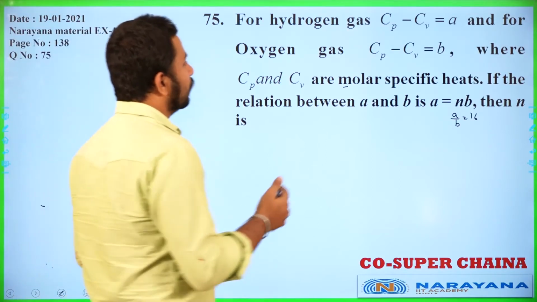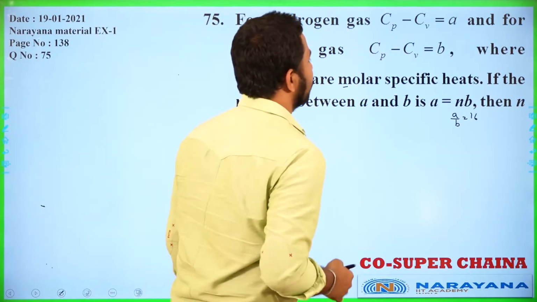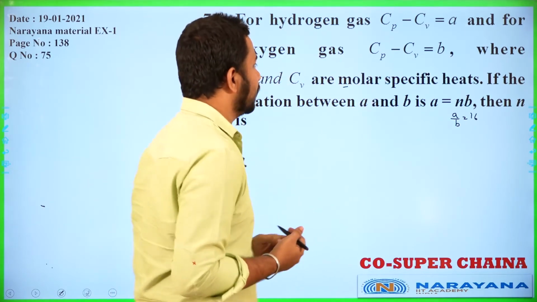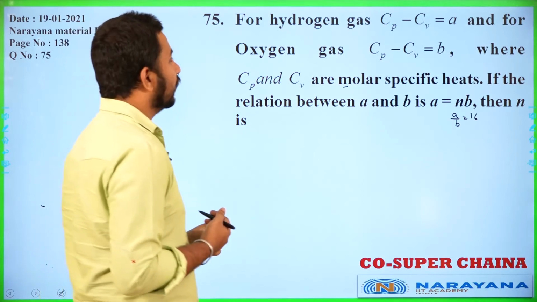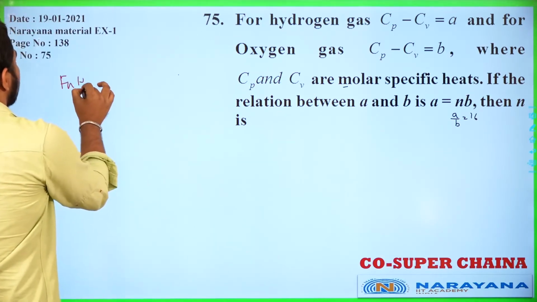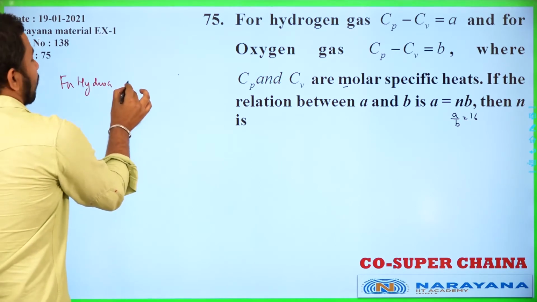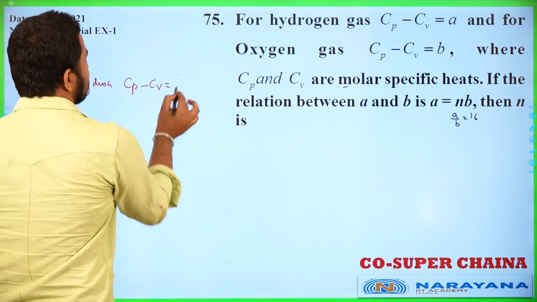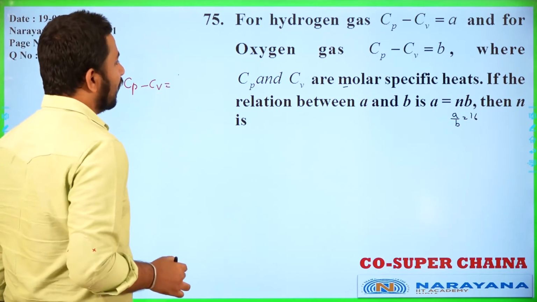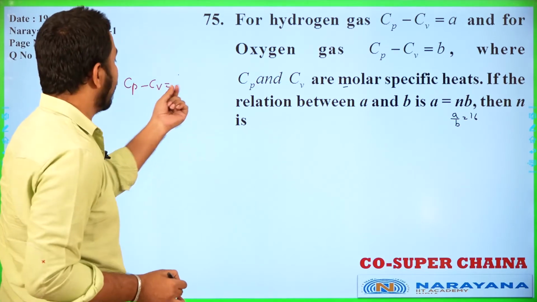Here for a hydrogen gas, Cp minus Cv is A, and for oxygen gas, Cp minus Cv is B. Okay, so for hydrogen, student, Cp minus Cv is equal to, if you know, R by M here.